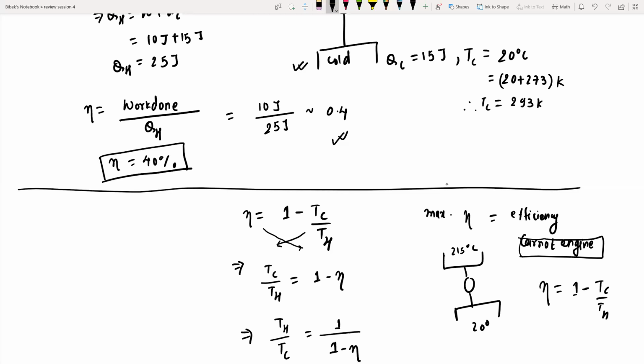This equation is not true for all heat engines, only for the Carnot engine in ideal cases. So if your problem says that the efficiency you calculated in the first part is the maximum efficiency, then you can use this equation.